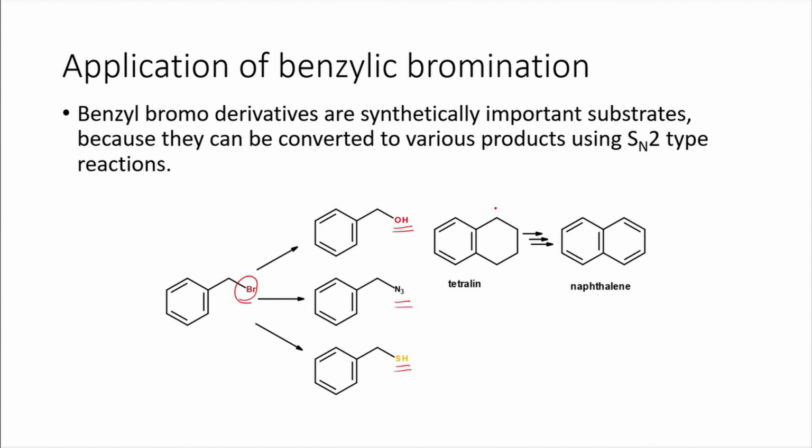When we do the first allylic bromination, we end up with a bromine added here, and this bromine can be eliminated by minus HBr, leading to this particular double bond, and then the second bromination occurs here, which can also be eliminated as minus HBr to give the second alkene. In other words, tetralin can be converted to naphthalene by allylic or benzylic bromination reaction. These are some of the applications of benzylic bromination.